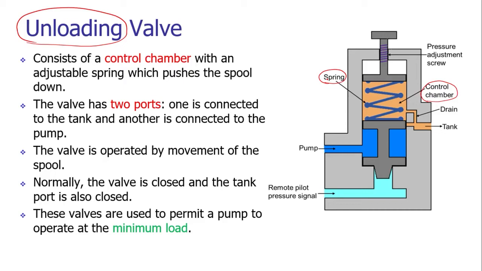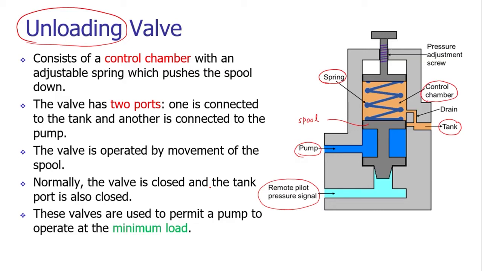The adjustable spring is pushing the spool down. So this is the spool. The spring is pushing it in a downward direction. The unloading valve has two ports, the pump port and the tank port, and we also have a remote pilot pressure signal port. In normal condition, in general, this valve is a closed valve.